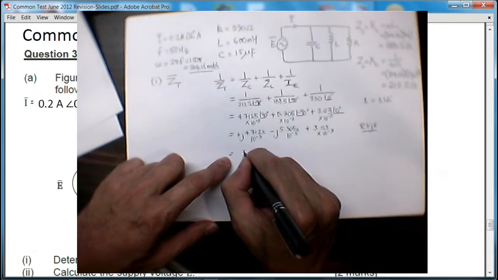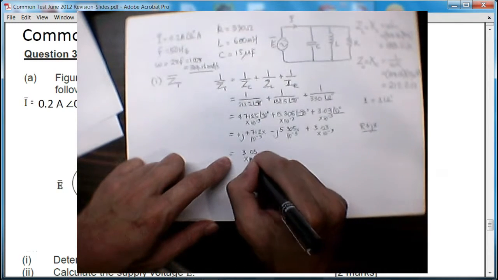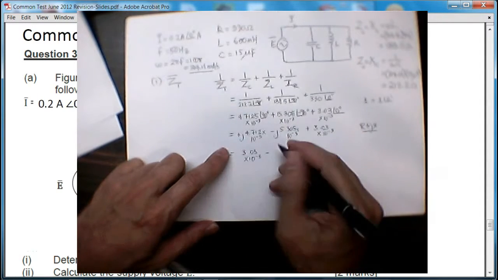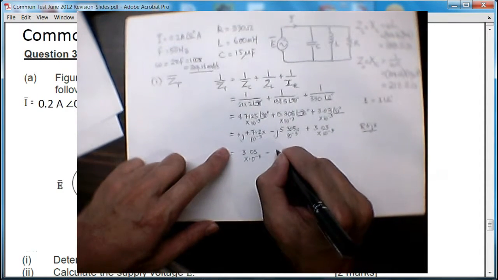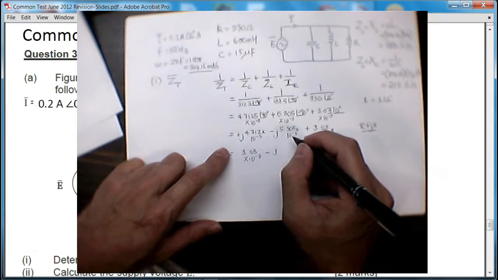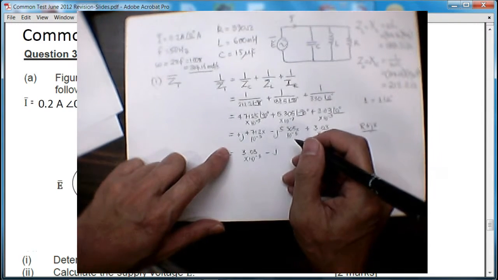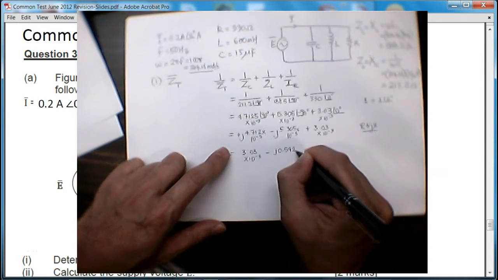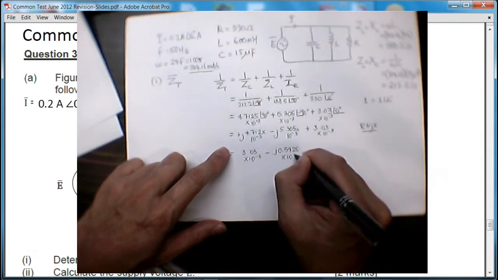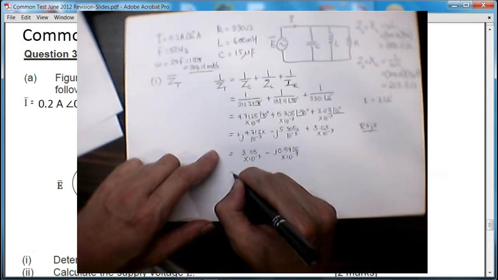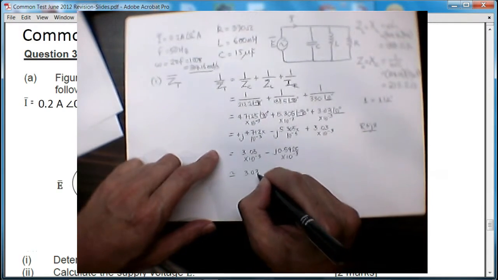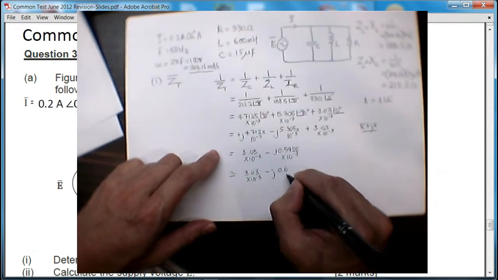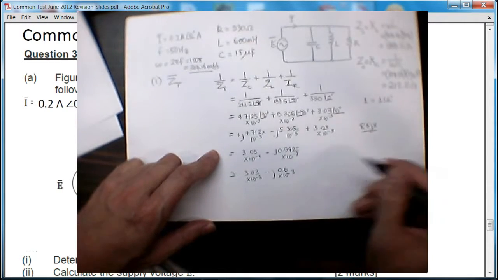So I will have 3.03 times 10 to the minus 3. This time, here is minus those parts, so the result gives me a minus J 0.5925 times 10 to the minus 3. That's approximately 3.03 times 10 to the minus 3 minus J 0.6 times 10 to the minus 3.